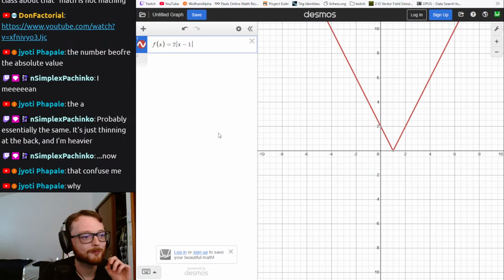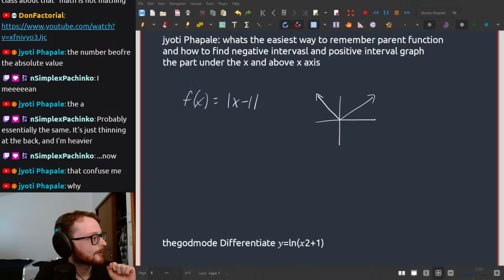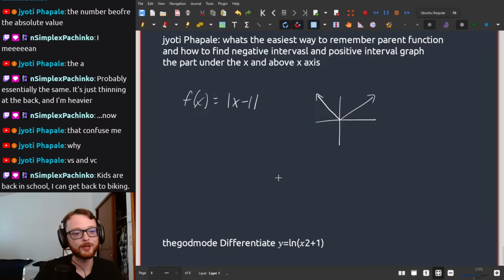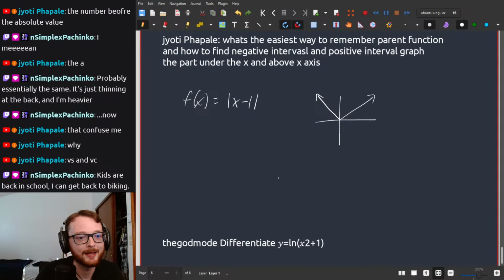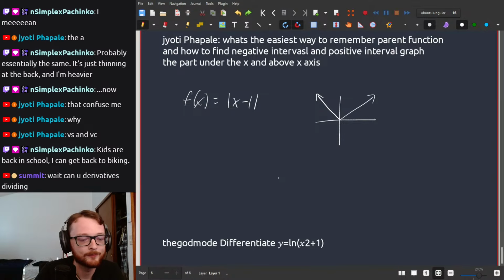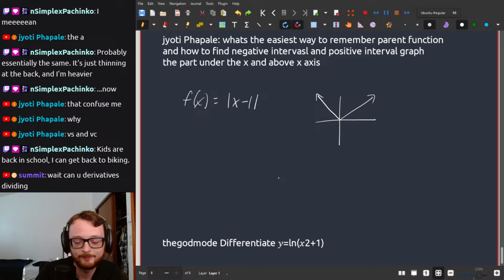So for the vertical shifts, the transformations, or the reflection, I think of it as applying it to f of x and then bringing it over.